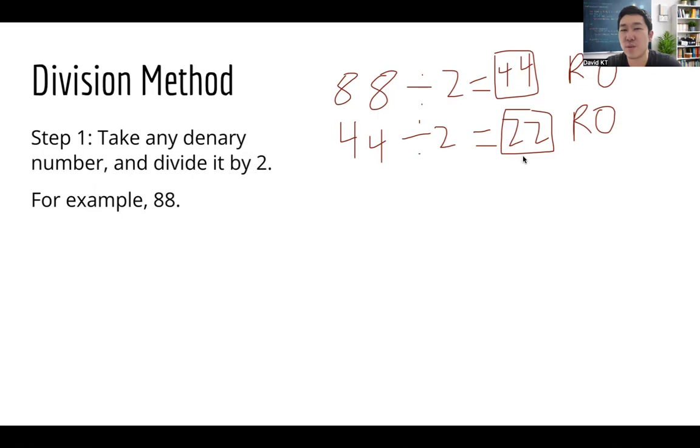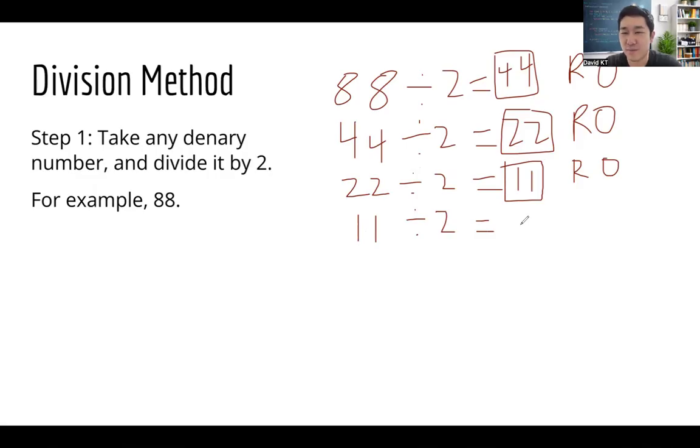Now, we keep going. The new number to work with is 22. So 22 divided by 2 gives you 11. Again, with a remainder of 0. What's our new number to work with? 11. Now we take 11 divided by 2. What's the nearest integer rounded down?